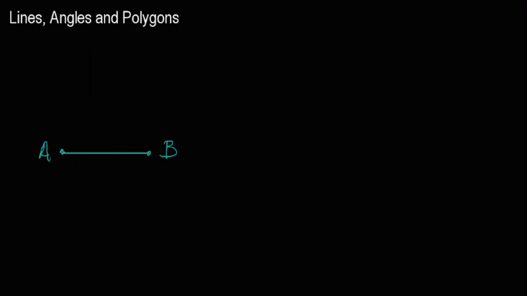Now, what I may do here is set another line connecting A to point C. And if we observe AB and AC, they will have something between them. There is some measurement that we can take that tells us how the slope of one compares to the slope of the other, considering the slope, right?